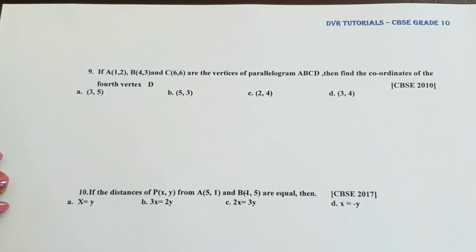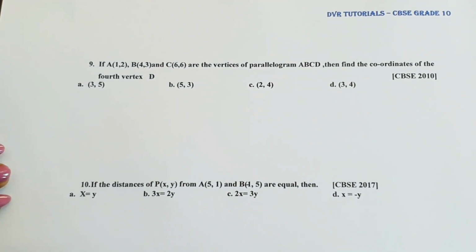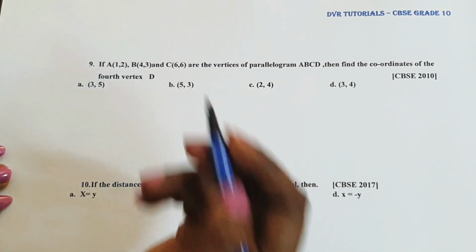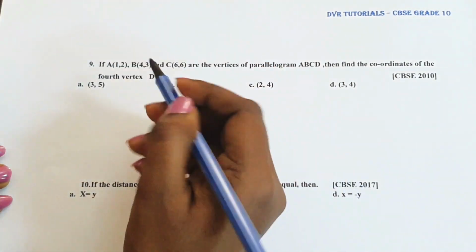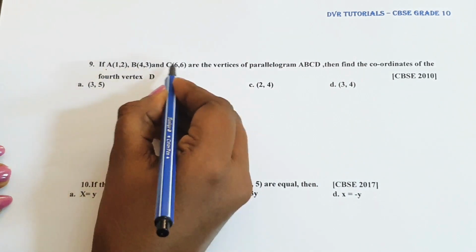Question number 9. If A(1, 2), B(4, 3) and C(6, 6) are the vertices of a parallelogram ABCD, then find the coordinates of the fourth vertex D. So here we have the fourth vertex question, and like I mentioned, which formula should we be using? The midpoint formula, and we know the midpoints of the diagonals will be equal. So which are the diagonals? AC and BD.